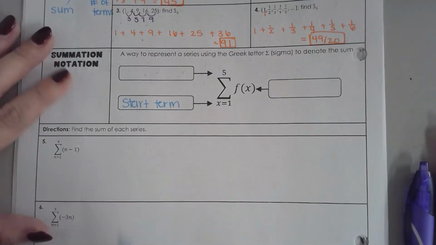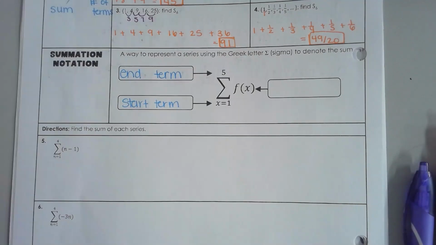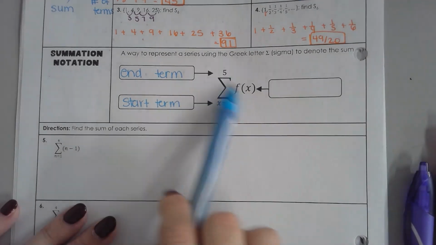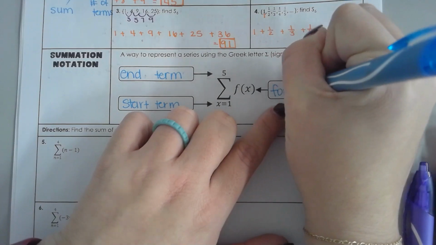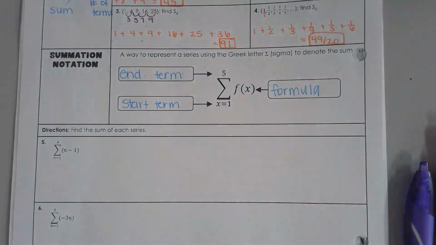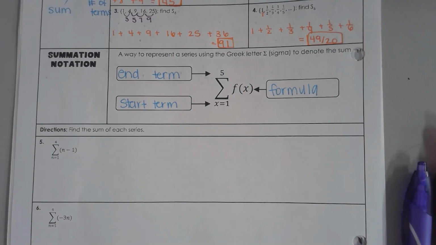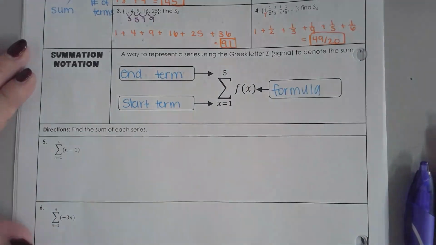And then at the top is going to be the ending term. It's how many terms that you added up. So if it said find the sum of the first 9, or if it said S9, you would put a 9 at the top. And then over here is your formula. So with arithmetic and geometric sequences, we learn to write a formula for them. You're going to be putting your formula over there.